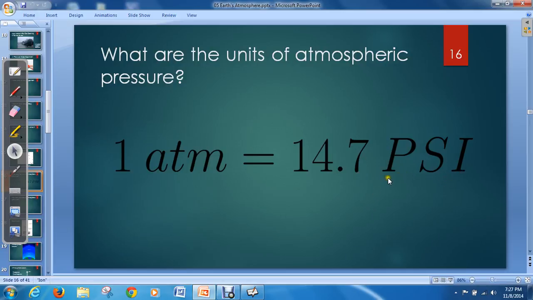That's pretty strong if you think about it. If you make a little circle with your hand, that might be about a square inch. That means for every little square inch that you make, that's 14.7 pounds that the air puts on that little circle.